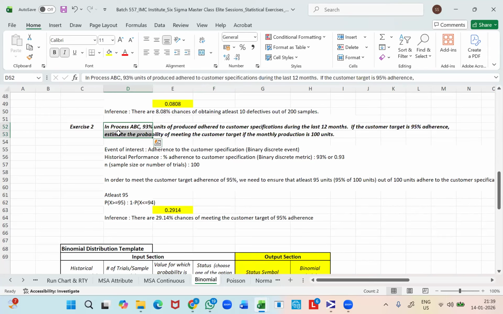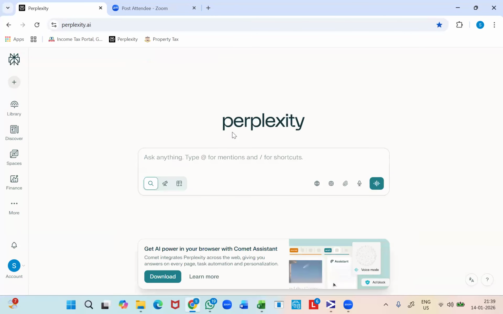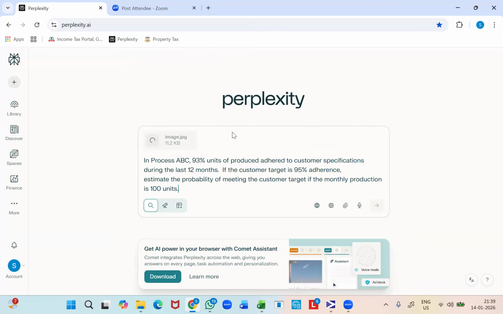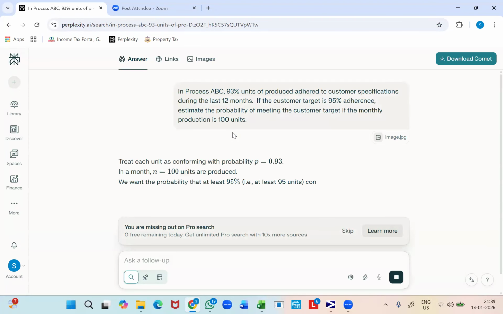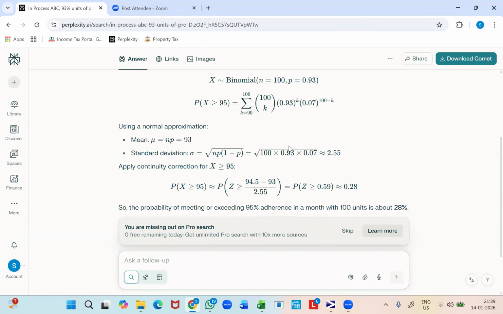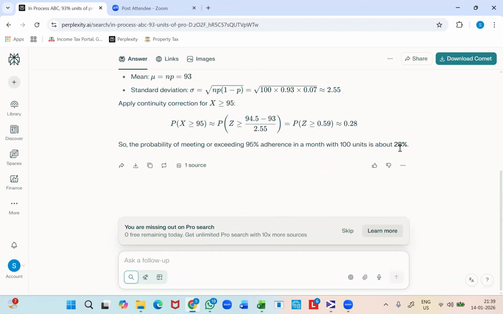But how to solve this using our AI tool? You just need to copy paste the entire problem. Let me copy paste the entire problem and see whether we are getting the correct answer. It says about 28%, right?